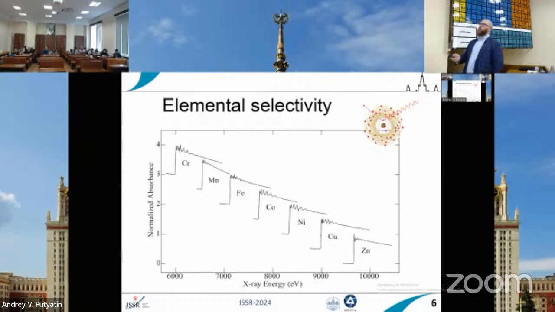So you can see a maximum of absorption of the X-ray at energies that are equivalent to the energy of the electron bonding in the atom. And as different elements have different energies of electron bonding in the atom, you can choose the range of the X-ray energy that will be specific for your element.